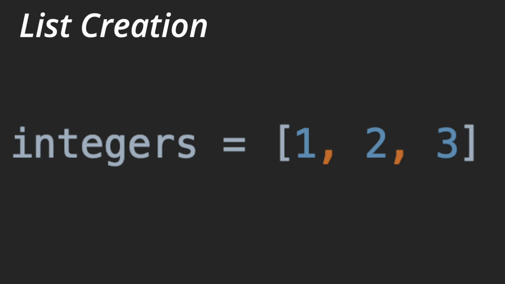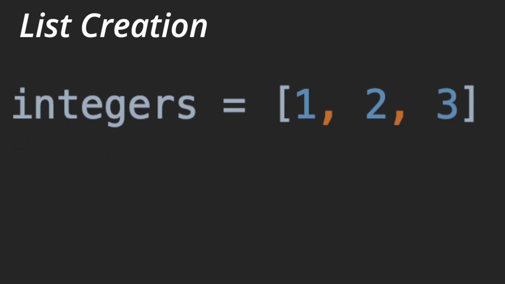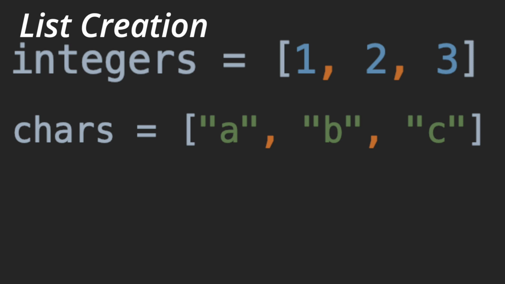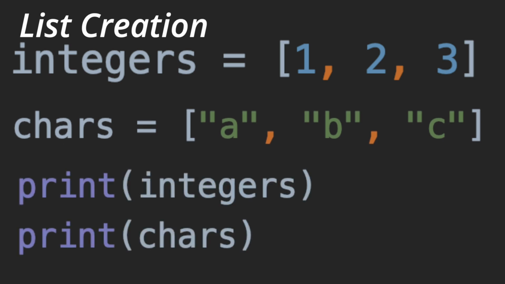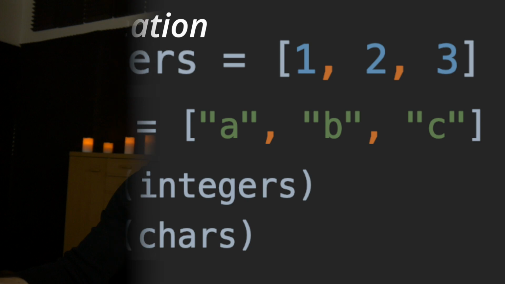In the case of integers, you write an integer, comma, the next integer, and so on. In the case of chars, you write your square brackets, a char, comma, the next char, and so on. Then we have a print statement and we print out this variable. As you can see, creating lists in Python is really that easy. So let's try to implement this.